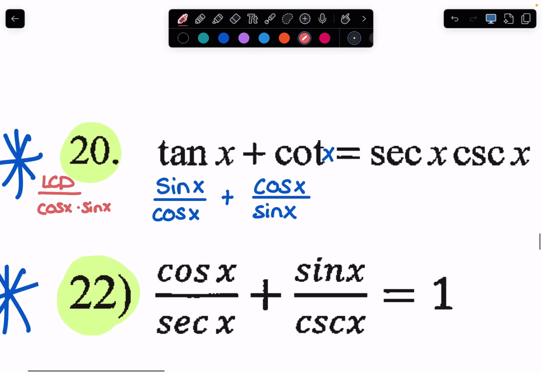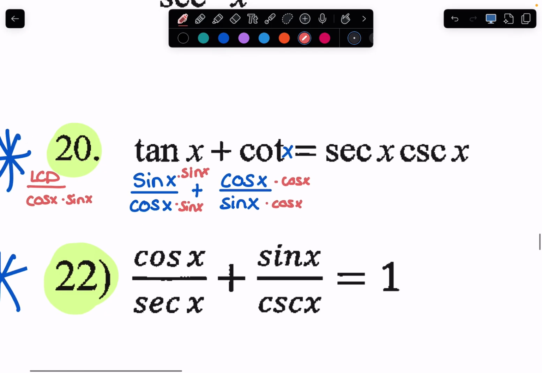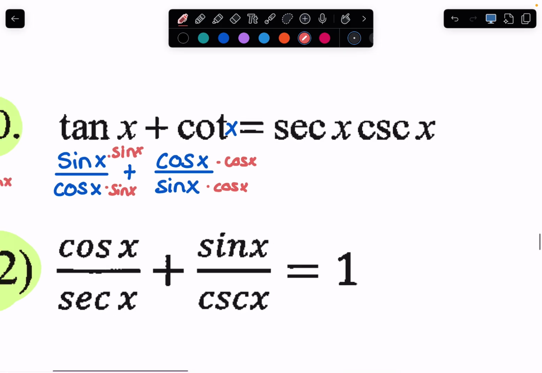So what am I going to multiply the first fraction by? Sine. And the second by cosine. Okay, so that gives me sine squared plus cosine squared over cosine times sine.